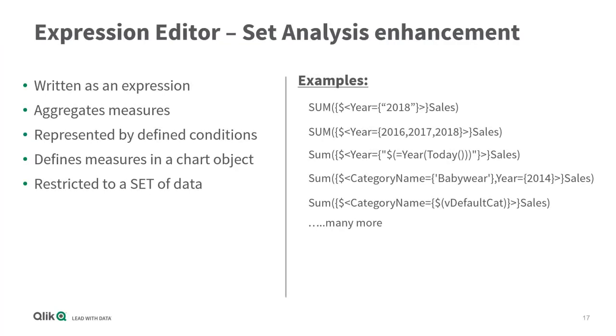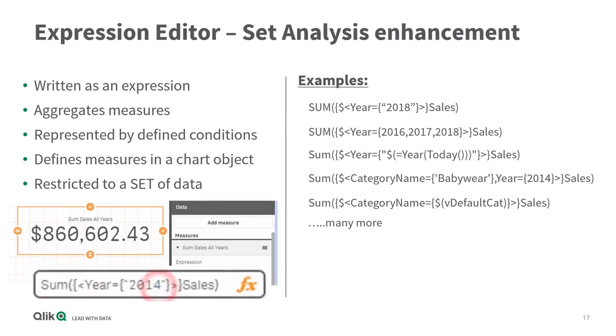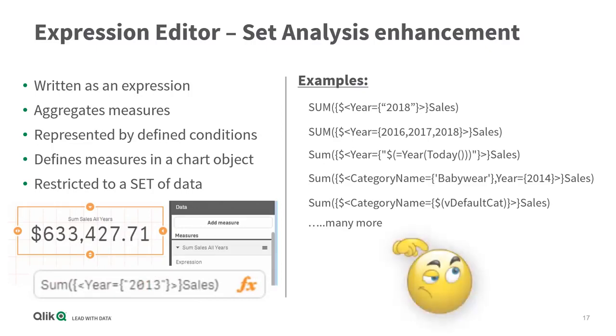Speaking of set analysis, as some of you may know, set analysis uses an expression syntax that allows you to define measures that restrict their values to a specific set of data. It uses an advanced syntax structure that can be considered complex for new users.